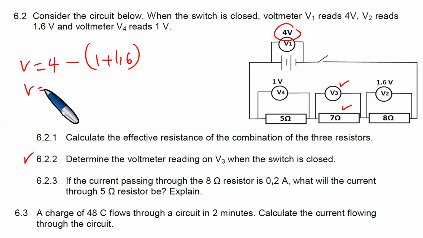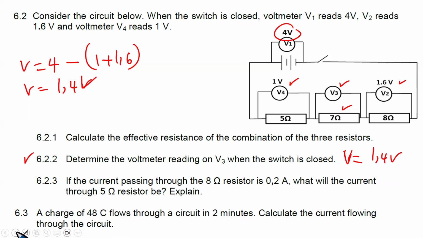So from 4 we subtract 1 and 1,6 to get V3, and V3 is 1,4 volts.